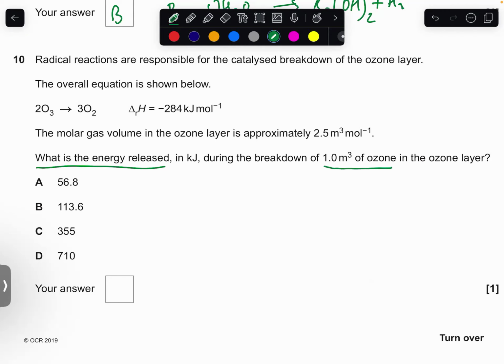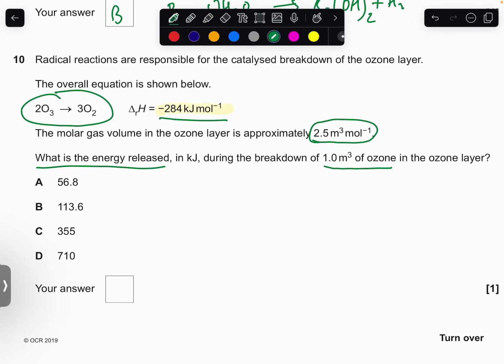You've got a molar gas volume in the ozone layer of approximately 2.5 meters cubed is 1 mole of gas. It's in a 2:3 ratio here, and this is how much energy is released.